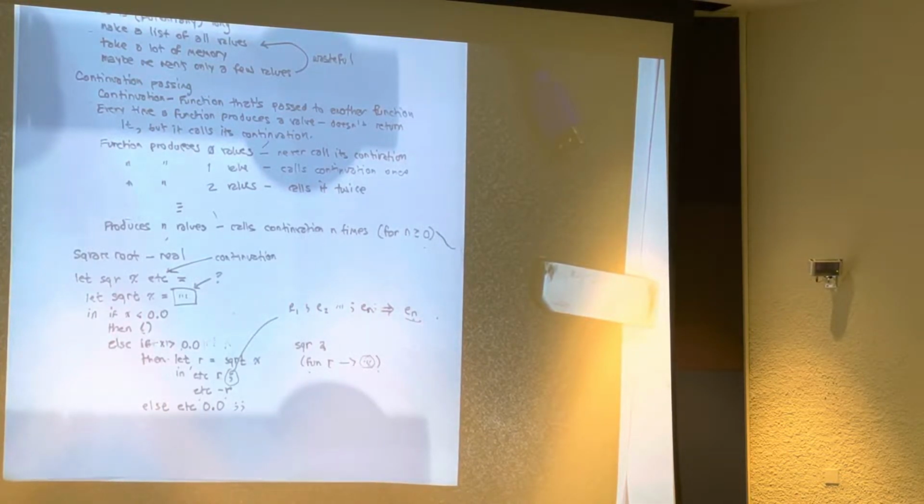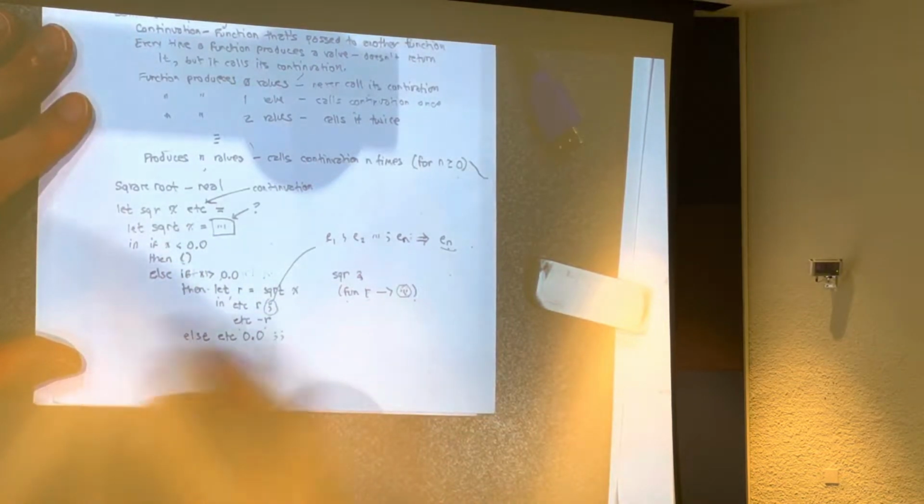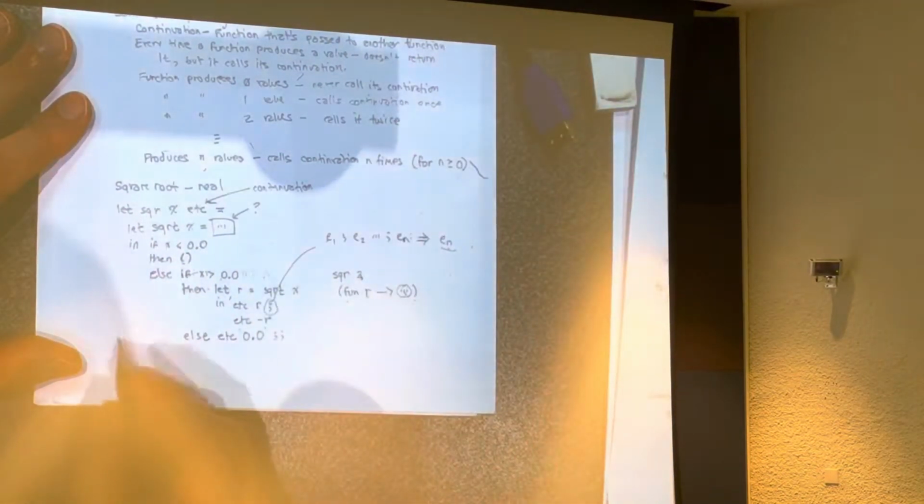I suppose you could arrange to produce some kind of error message if you wanted to. All right, and just one more thing, and then we'll try to deal with questions here. What's the type of this?